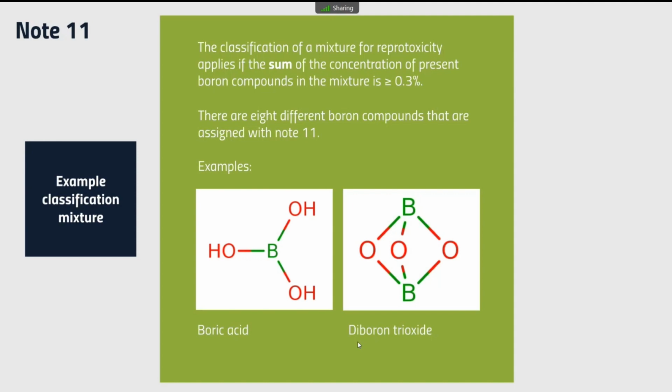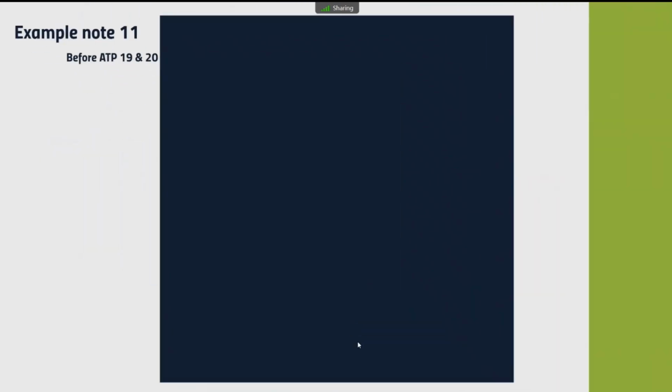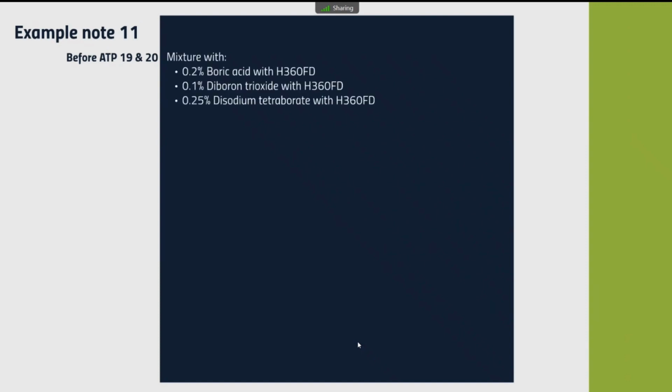So let's see what kind of influence this note can have on the classification of a mixture. I have an example. Before ATP 19 and 20 is applicable, we have a mixture of 3 different substances: the boric acid that I just showed, the diboron trioxide, and another one, disodium tetraborate.